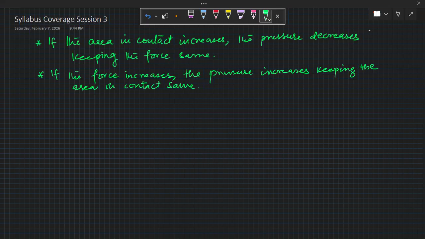Okay, so now we're going to talk about pressure in liquids, right? How pressure is exerted in liquid. So what do you think when the diver experiences pressure from the seawater?